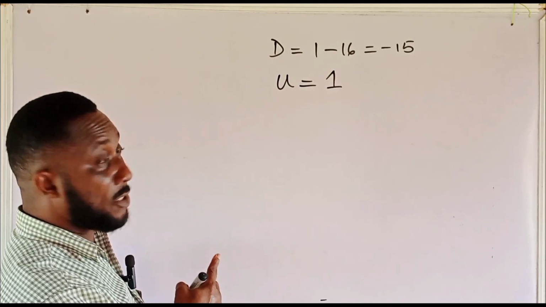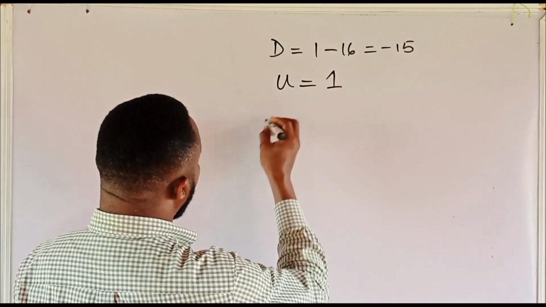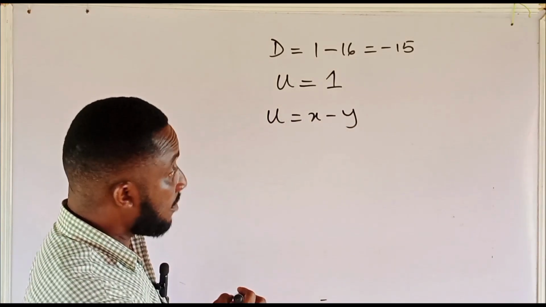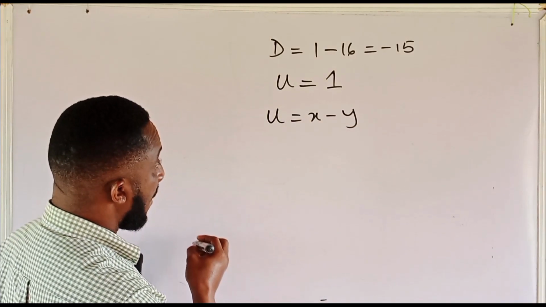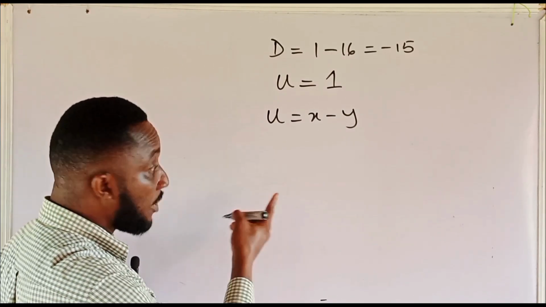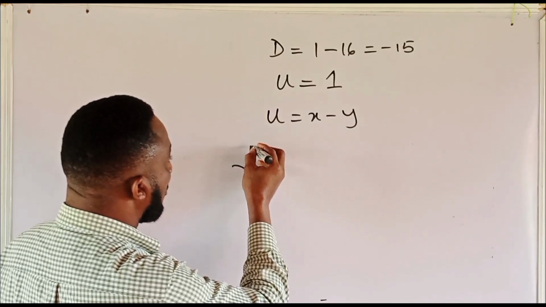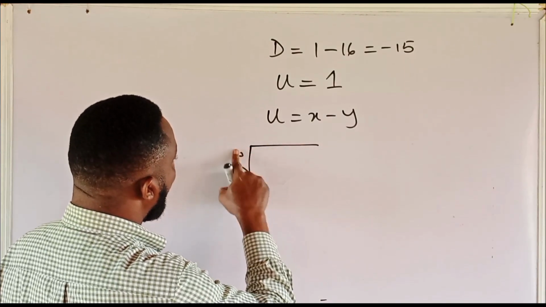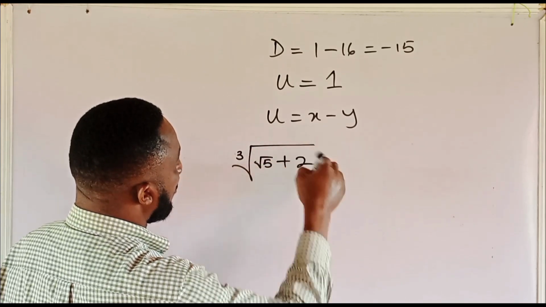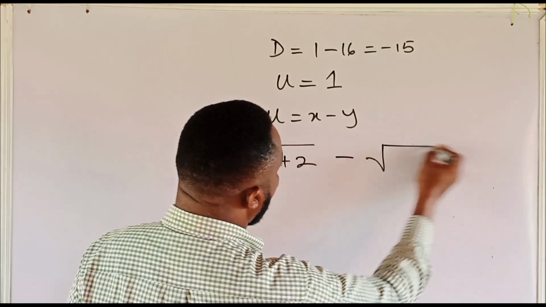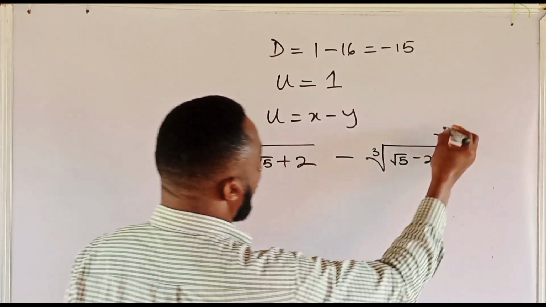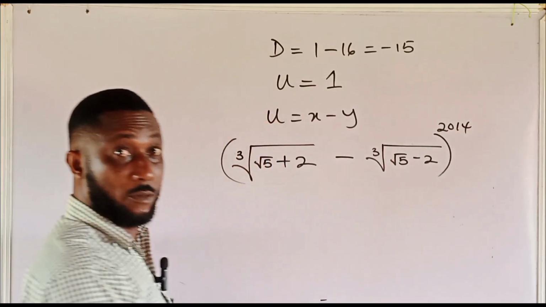Now we made a substitution along the line that u is equal to s minus y. Our main problem we are trying to simplify or evaluate is the cube root of root 5 plus 2 minus the cube root of root 5 minus 2, all to the power of 2014.